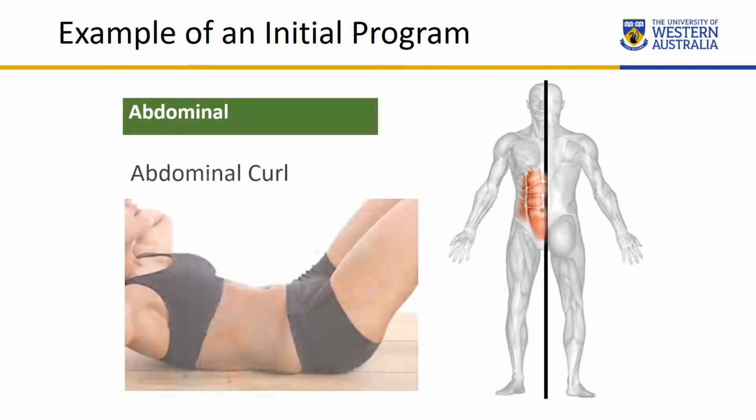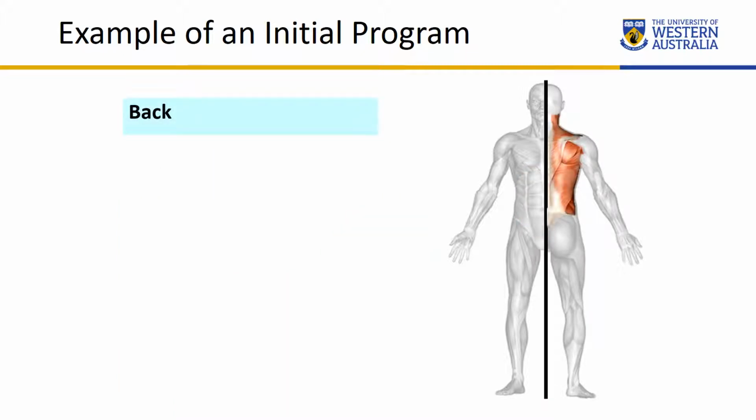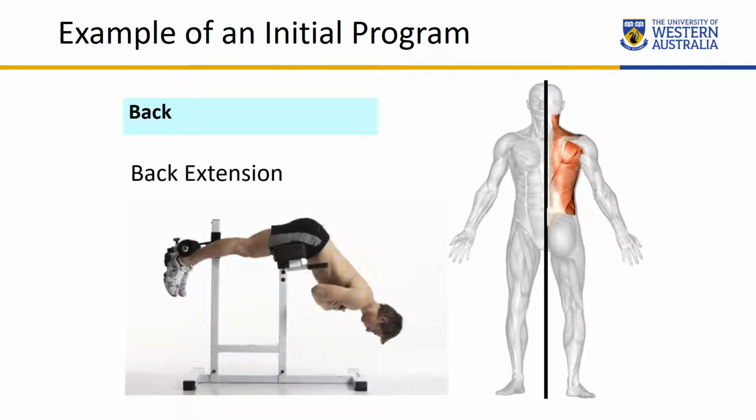For the abdominals, we are going with our stock standard abdominal curls, but again, there are myriads of abdominal exercises that really challenge your abdominal strength that you can use. For the back, so this is middle and lower back, we're going with back extension on a Roman chair.